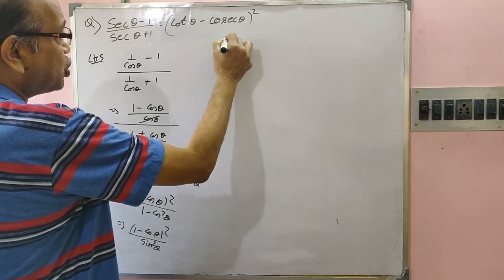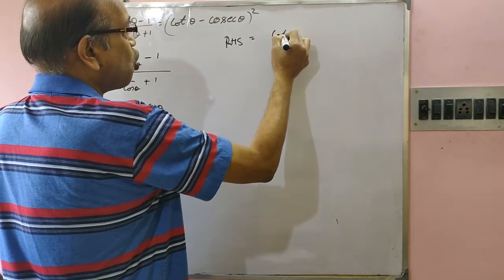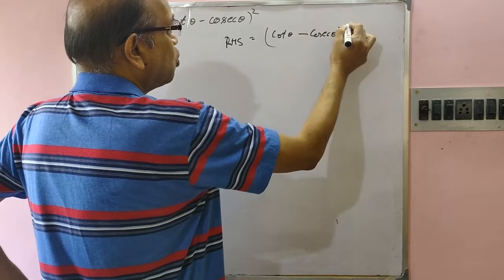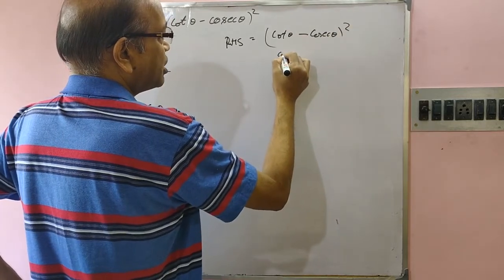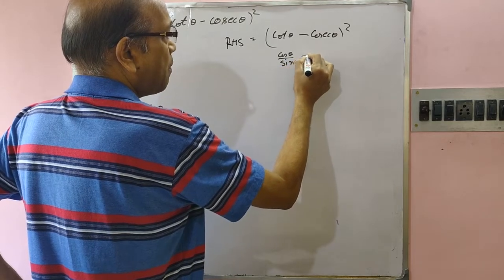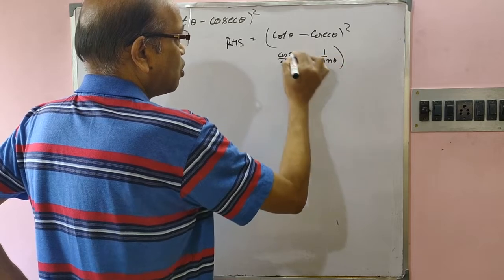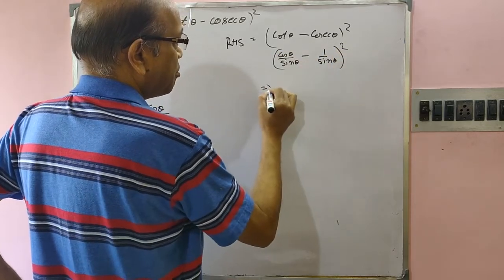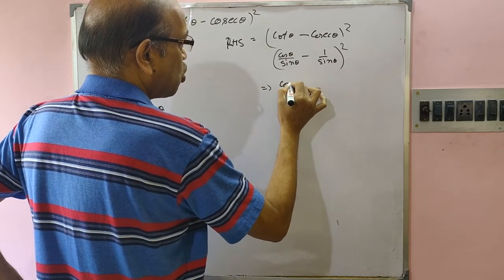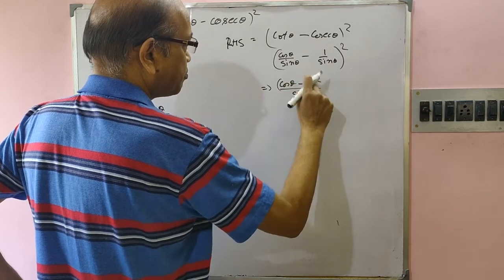Now RHS, right hand side, this equals (cot theta minus cosecant theta) whole square. Cot theta can be written as cos theta by sine theta, minus 1 by sine theta, whole square.